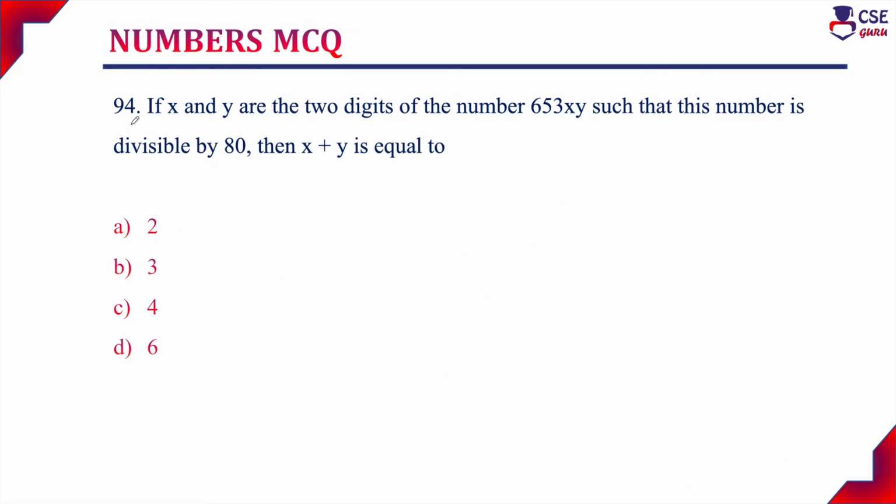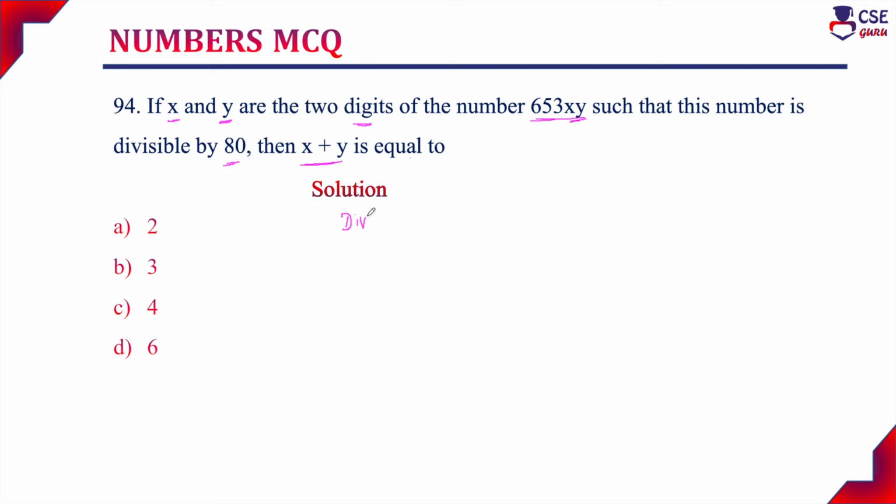Next, problem number 94. If x and y are 2 digits of the number 653xy such that this number is divisible by 80, then x plus y is equal to. So the given number 653xy is divisible by 80, and we need to find x plus y.